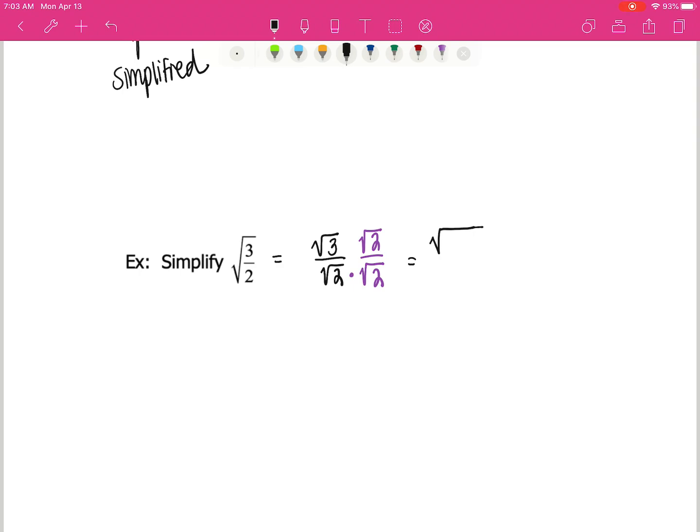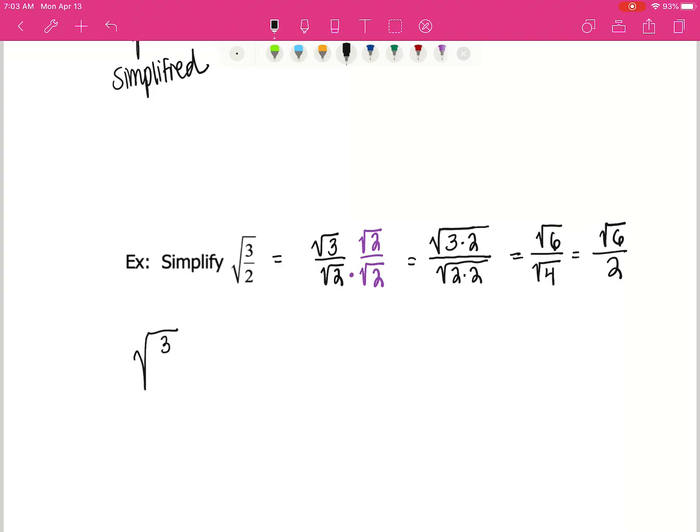The square root of 3 times the square root of 2 is the same thing as the square root of 3 times 2 under the same radical. And then the square root of 2 times the square root of 2, same thing. But the square root of 2 times the square root of 2 is the square root of 4, which is just 2. And then we have a square root of 6 in the numerator. Well, that's not a perfect square.